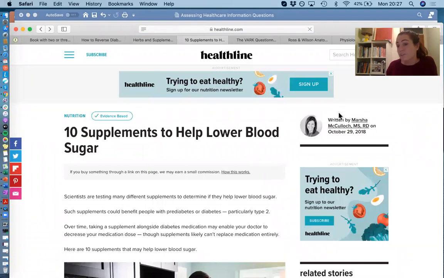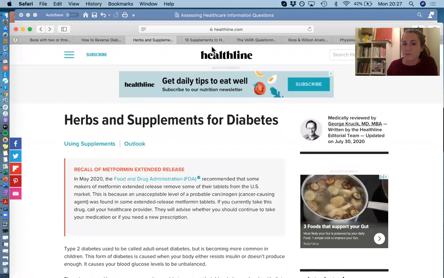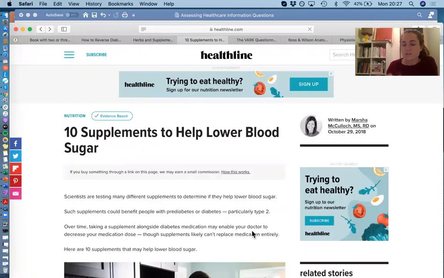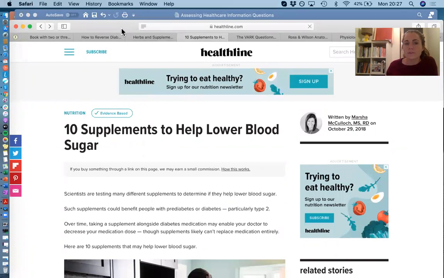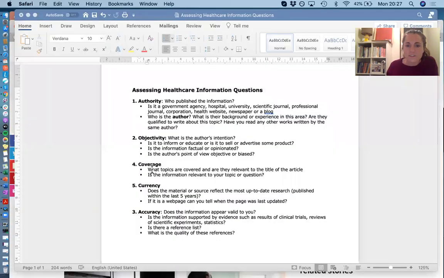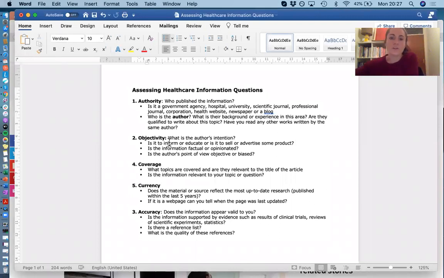It would be beneficial if there was also someone screening it, and it is great that they do have someone reviewing it. That being said, you could put down that she is coming from a good baseline in terms of her credentials. So then the next thing to consider is, what's the author's intention?